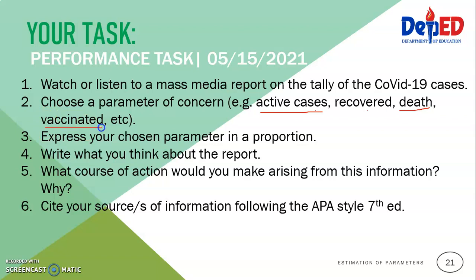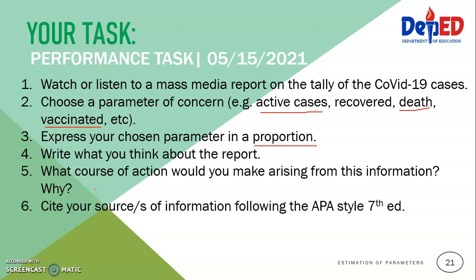So, get the proportion. Okay? Then write what you think about the report. It's your reflection, your opinion. And then, number 5, what course of action would you make arising from this information and why? So, express your feelings and your concerns.